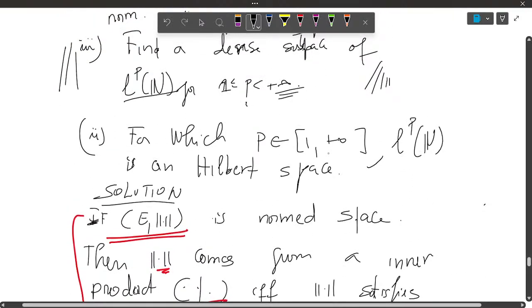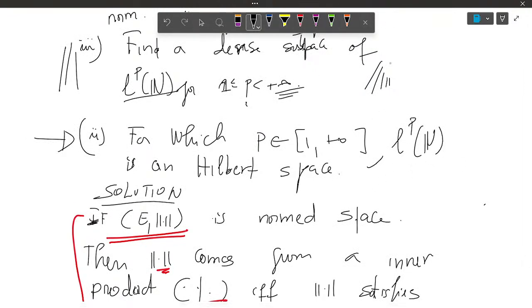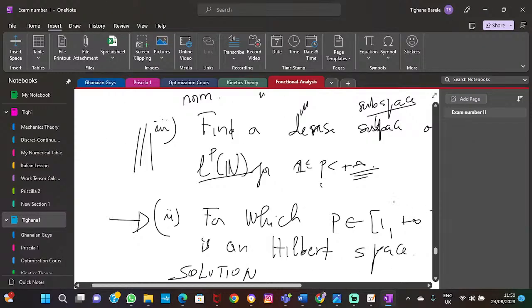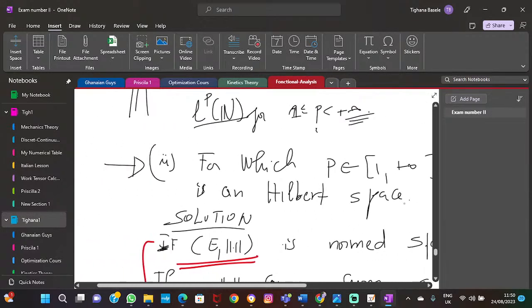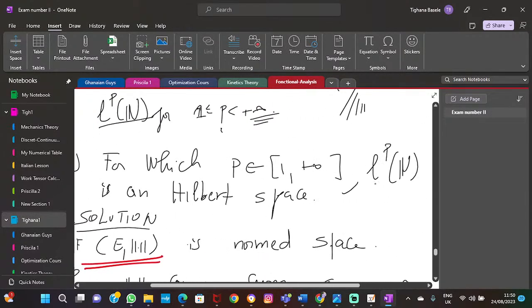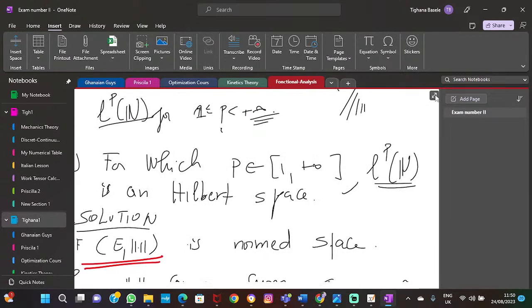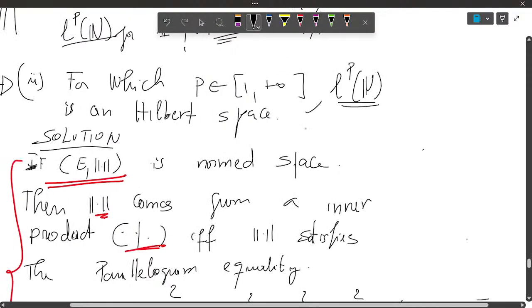So for the second part, which is for which value of p our space, the LP space, is a Hilbert space, I have already made some computation to show how we get the result.